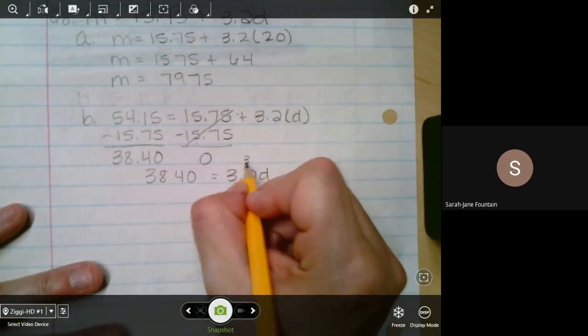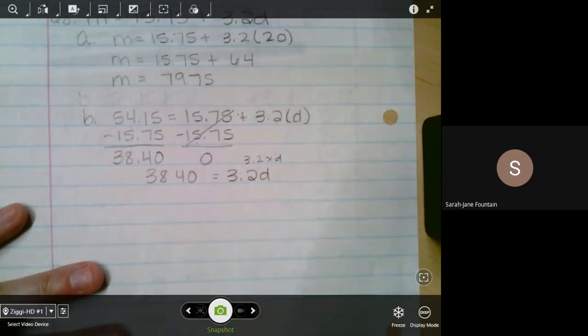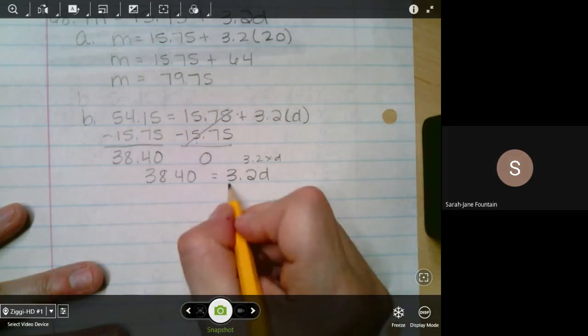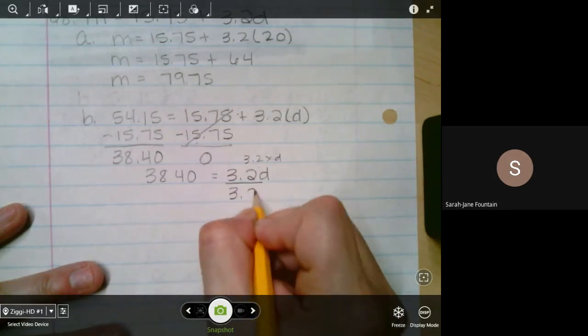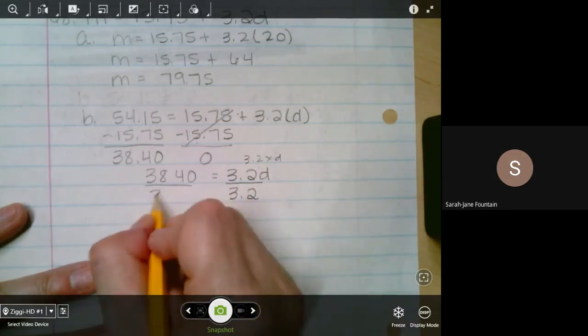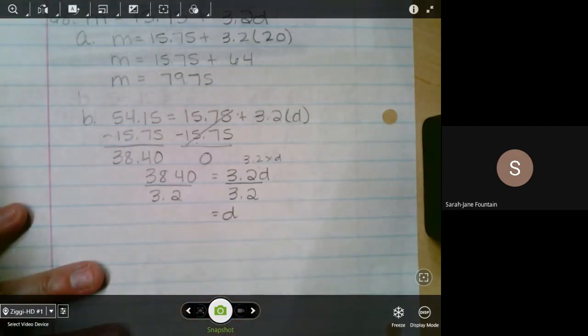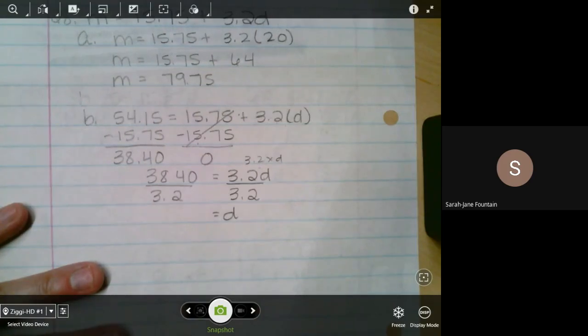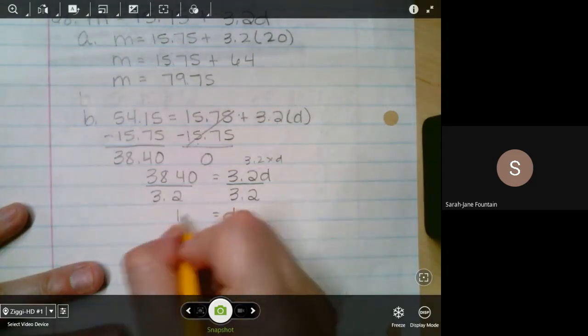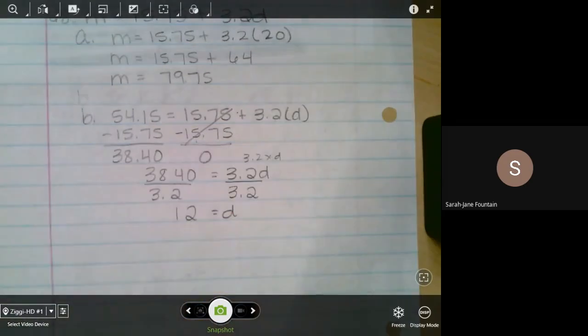This is basically 3.2 times D. So the opposite or the inverse operation of multiplication is division. 38.4 divided by 3.2. D is equal to 12.